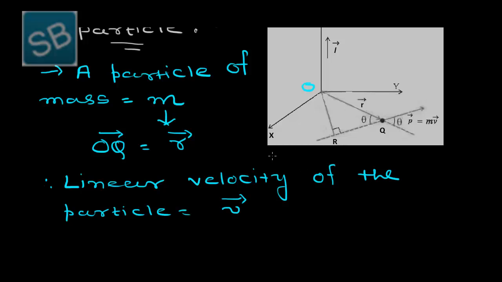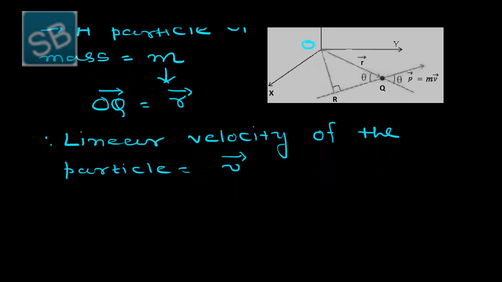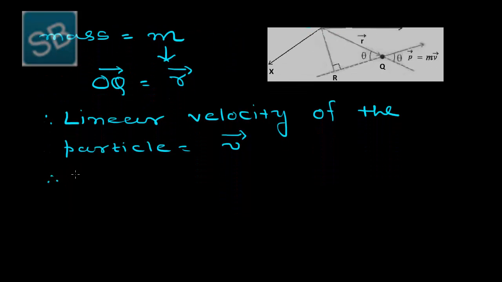And with this linear velocity and this mass, I can obtain a new physical quantity, that is the momentum of the particle. But here I am using the word linear momentum.